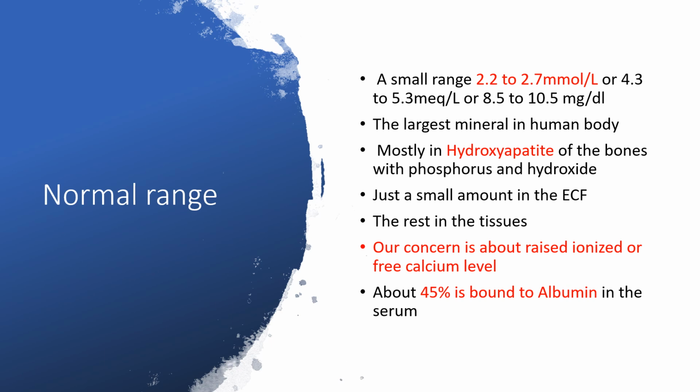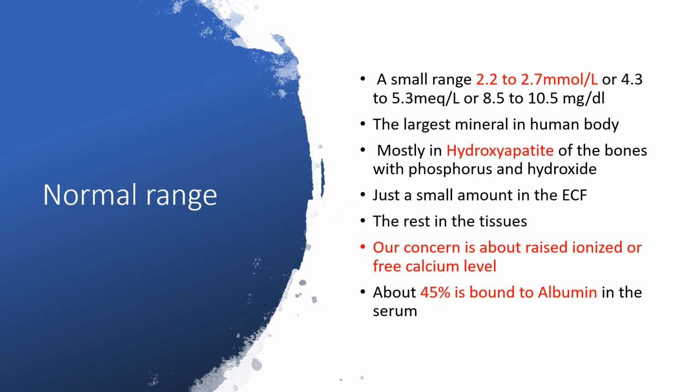The presentation from parts 1 to 4 will be mainly on our concern about the raised ionized or free calcium level. That's what we're bothered about, because no one cares about the one in hydroxyapatite. And about 45% is bound to albumin in the serum.